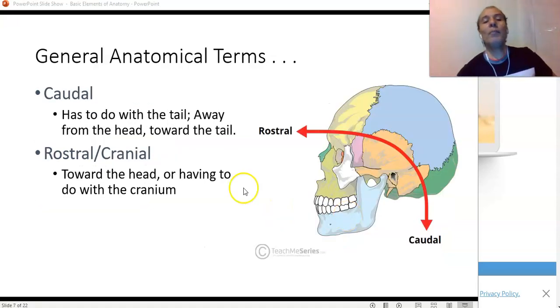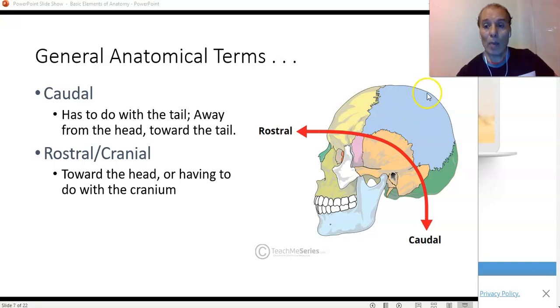So let's say, imagine this is not the brain, this is the skull, but if the brain is underneath it, the part of the brain that lies under this green area is called the caudal part of the brain. Caudal. The part that's in the front is called the rostral.